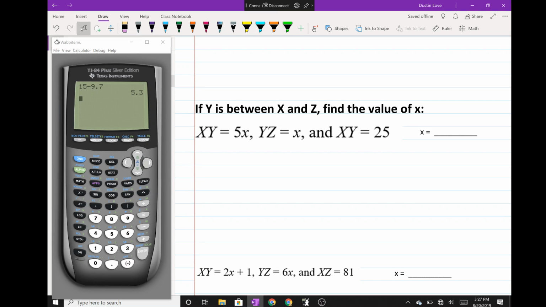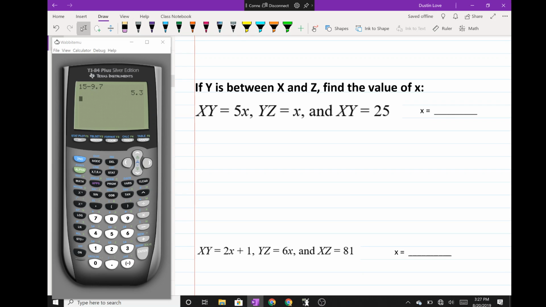All right, so if we don't have a picture and we still get this whole between thing, okay? This word between literally means that all of those 3 points are in a straight line. They're all collinear, okay? Just like we talked about last class period. Now, so y is between x and z.